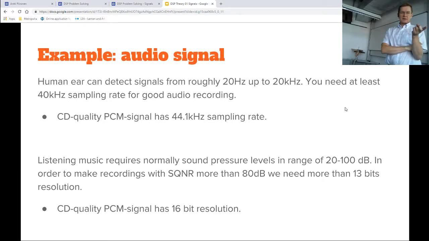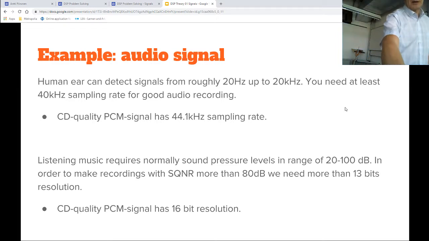And then listening to music, say any music, the normal sound pressure has quite a high dynamic range. 20 dB is like a whisper, or dropping a pin on the floor when you are listening 1 meter away. That's about 20 dB. You can still hear it, but of course everything else must be quite silent so that you can recognize it.